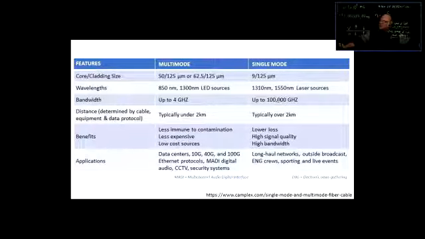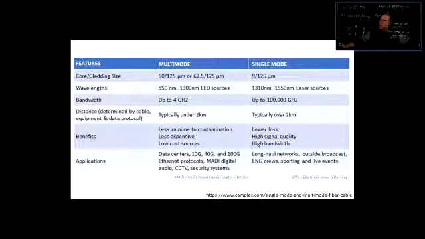So there's a big difference. The distance that you can cover is typically under 2 kilometers. Different sources might publish 3 kilometers or so. It depends on the equipment that's being used and all kinds of other things, but somebody decided to stay on the safe side and put about 2 kilometers. That's pretty much a long distance anyway when it comes to running cable in a building.